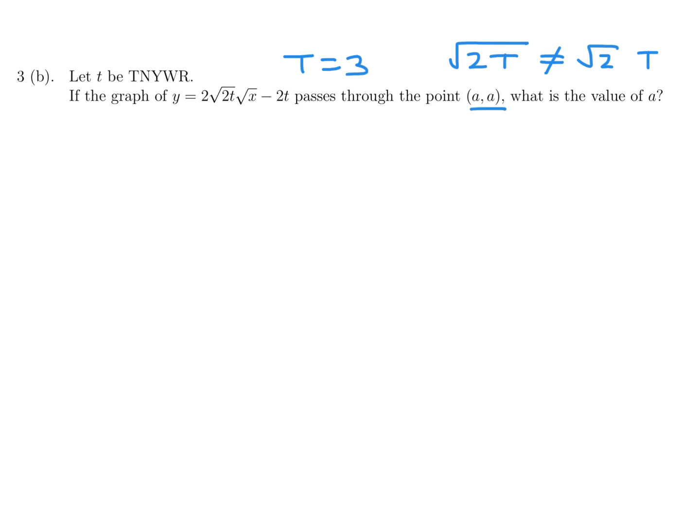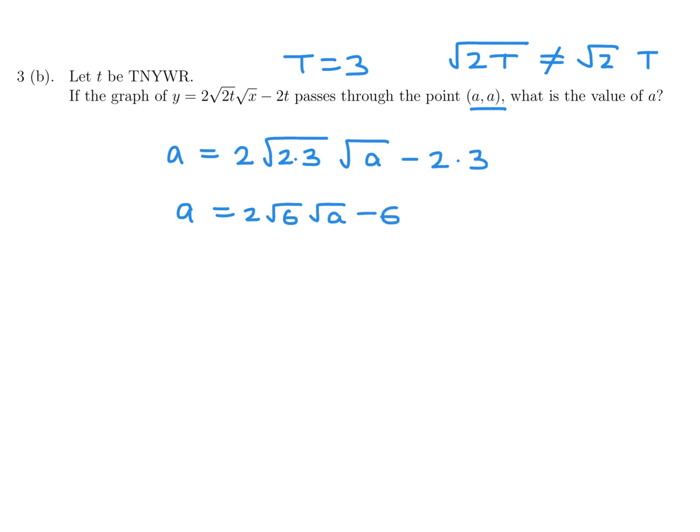Okay, so it passes through point A, A, so that means we can substitute that in. And root 2 times 3, because t is 3, root A minus 2 times 3. Right? Okay, so that means that A is 2 times root 6, root A minus 6.